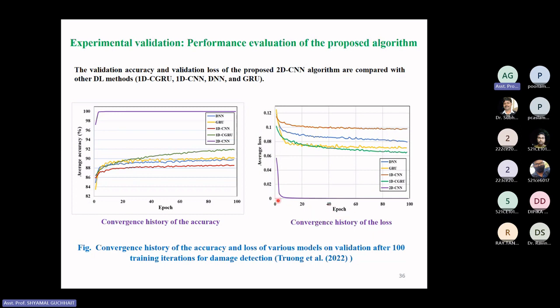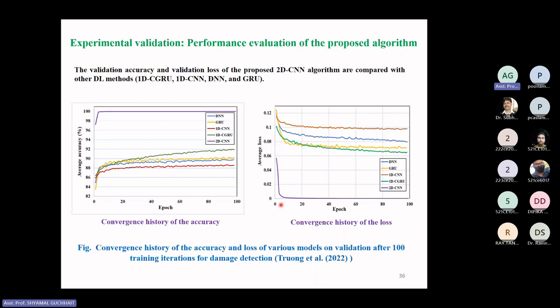Here also, with 8 to 10 iterations, the loss for our algorithm reaches 0. Other algorithms take a lot of iterations, and even after 100 iterations the loss value does not come to 0.